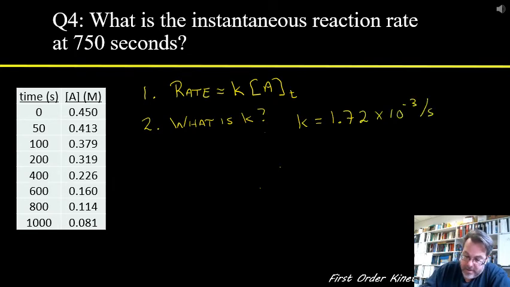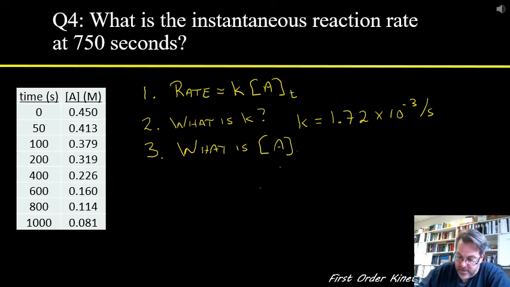And then the next thing is what's the concentration of the reacting species at 750 seconds? If you don't have that information, then you need to calculate it. And it turns out we don't have that information, so we're going to have to do that.